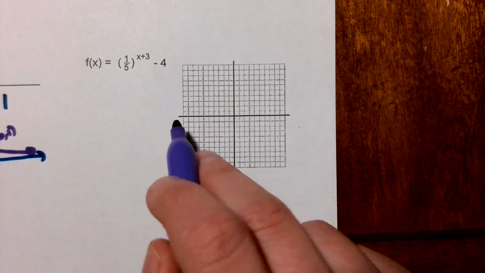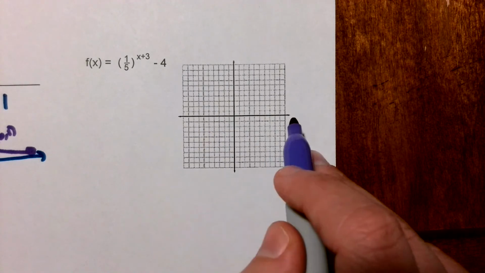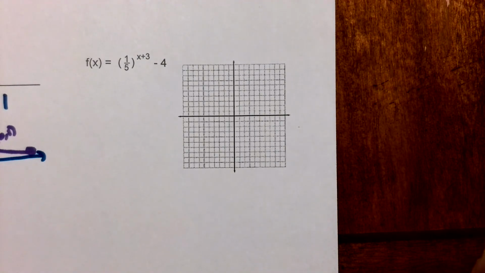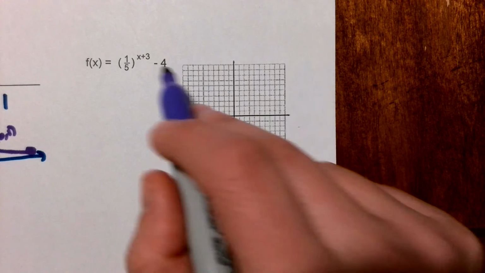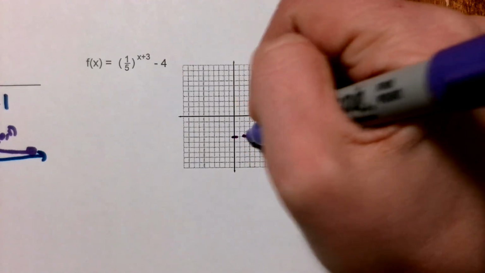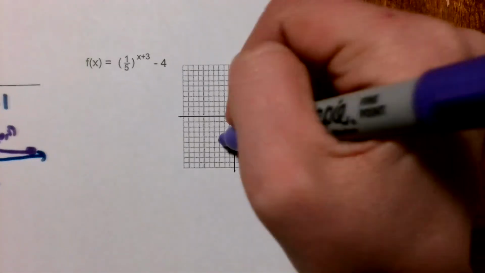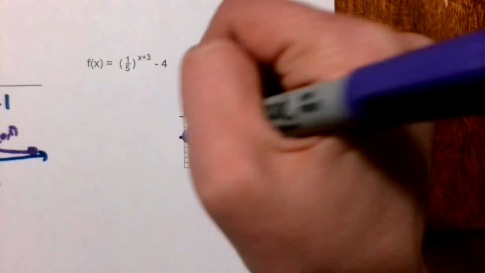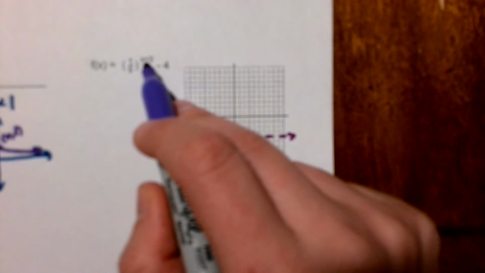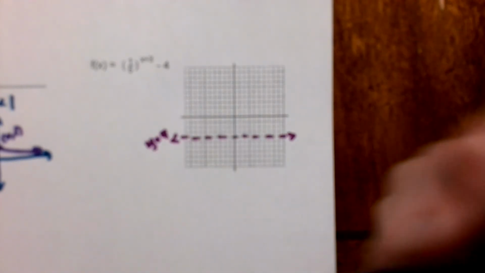Remember that we had that horizontal asymptote that was at 0. That is usually an easy thing to start with, that it was at 0, but we're shifting down 4, 3, 4. So that means that our horizontal asymptote will now be at y equals -4. I know that since I have the x plus 3, it will be shifted to the left 3.